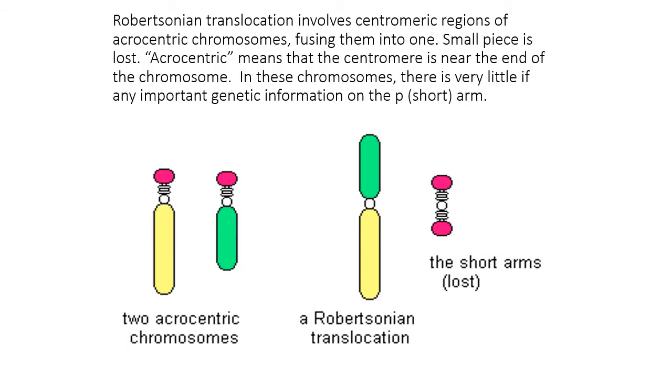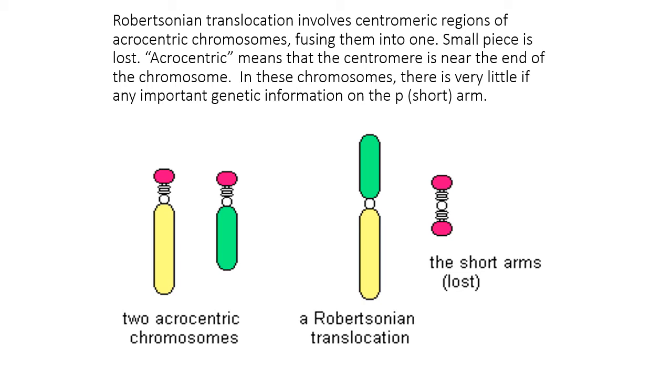Okay, so our first example is going to be a Robertsonian translocation, and these are kind of interesting because they actually involve the acrocentric regions of small chromosomes in which the extreme part beyond the centromere consists largely of repetitive DNA and not much coding information. So that part of those acrocentric chromosomes is actually dispensable in terms of the life of the human.